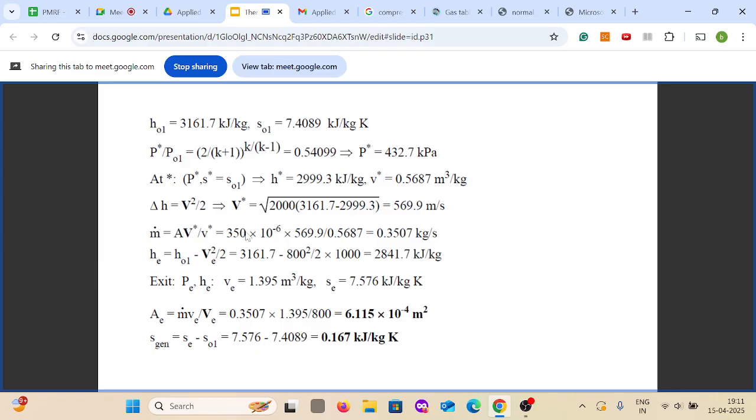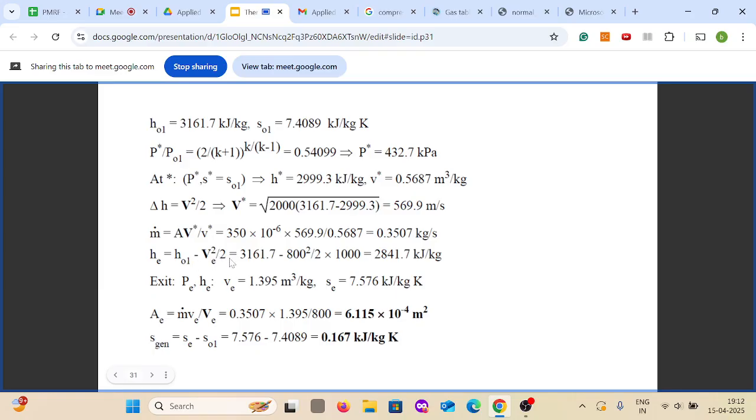So area is 350 mm square, so 350 into 10 power minus 6 into the velocity 569.9 divided by 0.5687. So mass flow rate comes out to be 0.3507 kg per second.